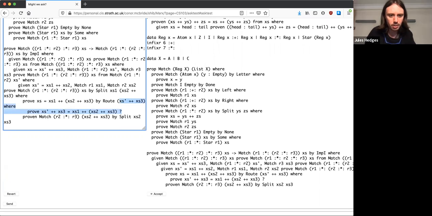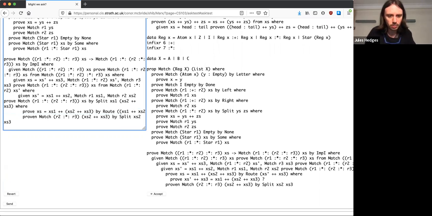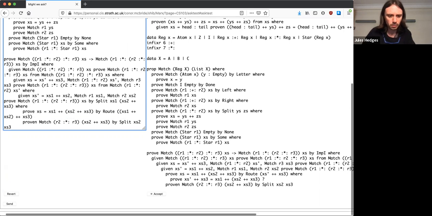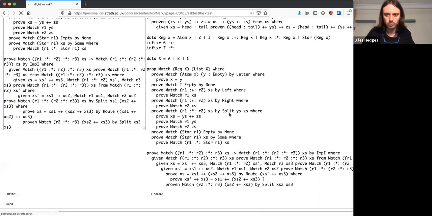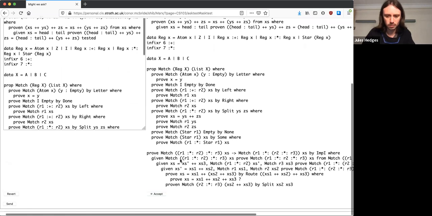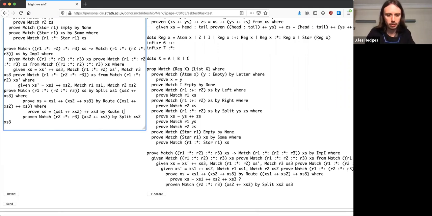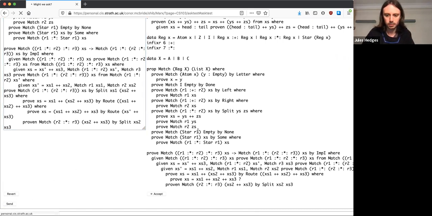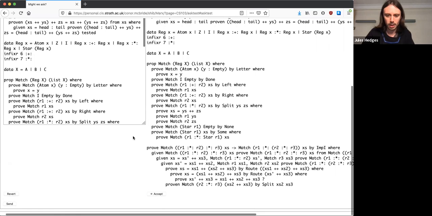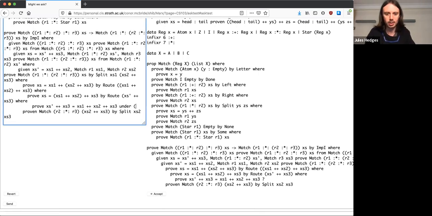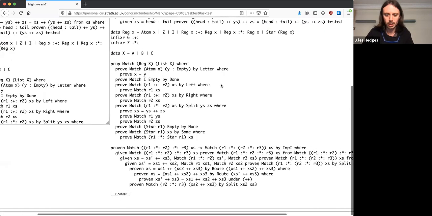No, I don't remember how I did this. Oh yeah, now I want to say by root xs prime concatenate xs 3. Yeah, and now I can say under concatenate. Okay, and there we go. Now it's proven.